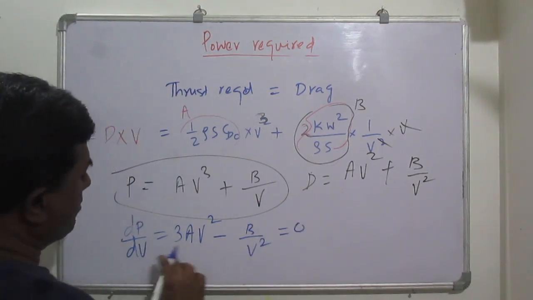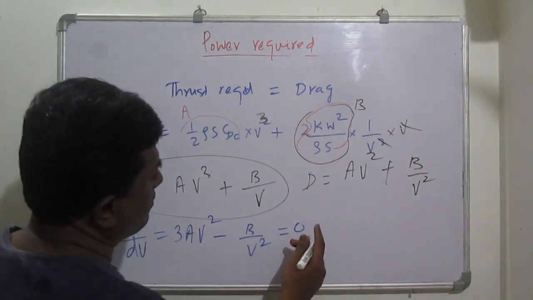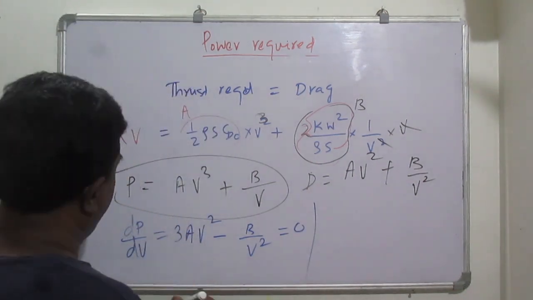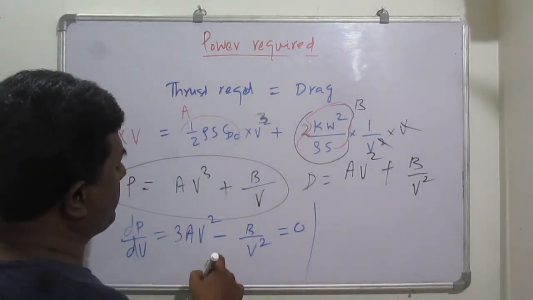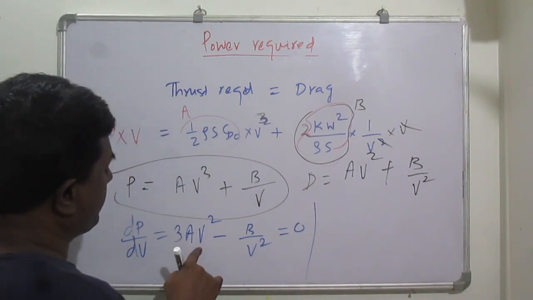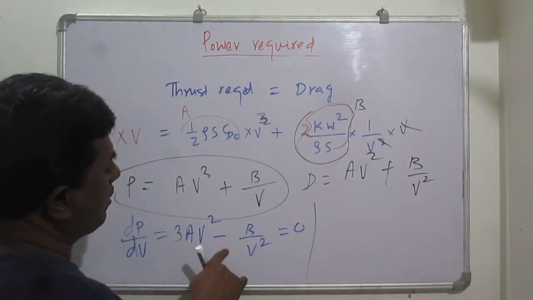We are equating to 0 to obtain the minimum power. From this, we can find the velocity at minimum power.